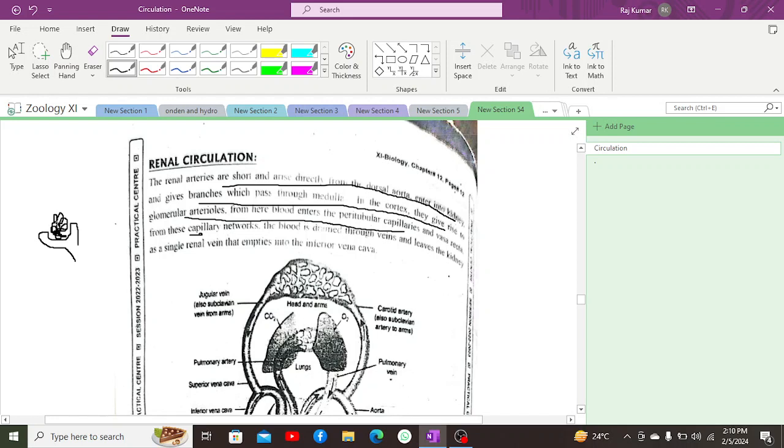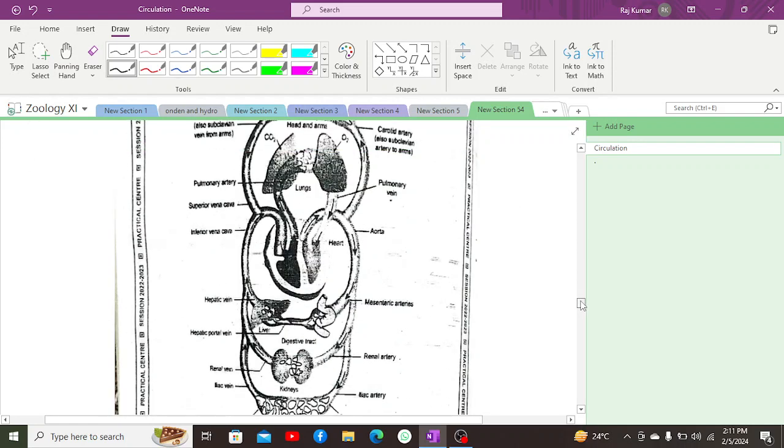Both combined together give us the complete structure of the renal corpuscle. Apart from that, the blood is drained through the veins and leaves the kidney as a single renal vein that empties into the inferior vena cava.